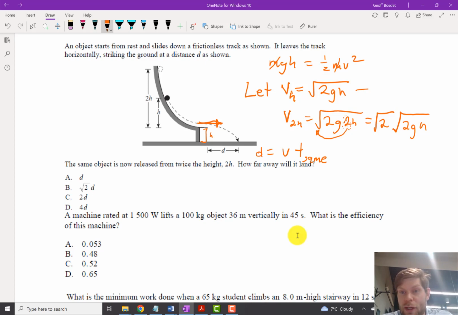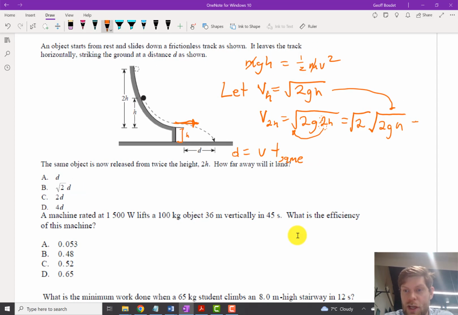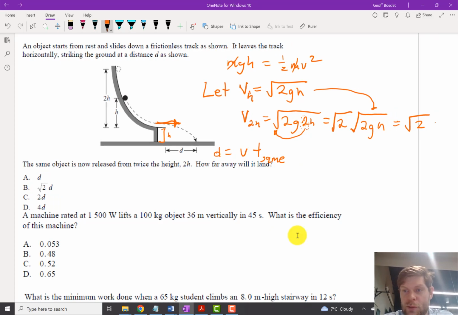But I just defined root 2gh to be how fast it's going if I bring it up a height h. So I have just said that v_2h is equal to root 2 times the velocity if I lift it a height h.